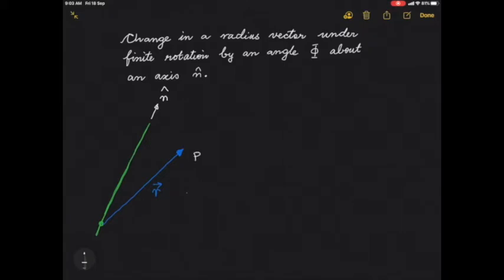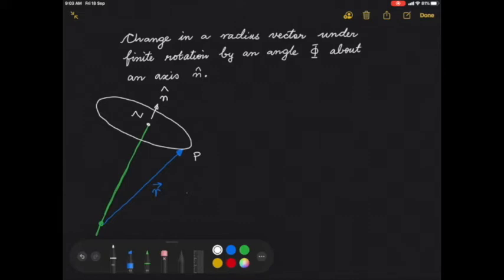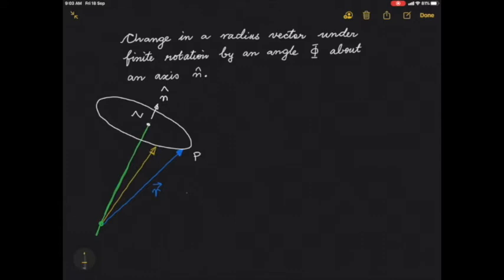So R rotates around n cap, or this tip of the vector rotates around n cap, so we call this point P. So it will trace, as if it rotates, it will trace a circle like this about this origin, which I call N. Okay. And at a later time, the vector comes at a different position, and that position is this. So this is the new vector, which I call R prime.